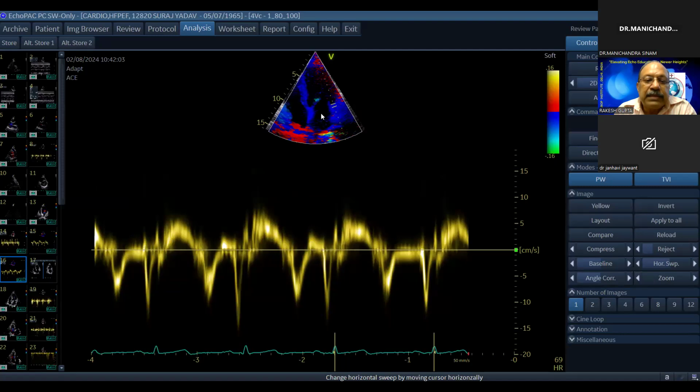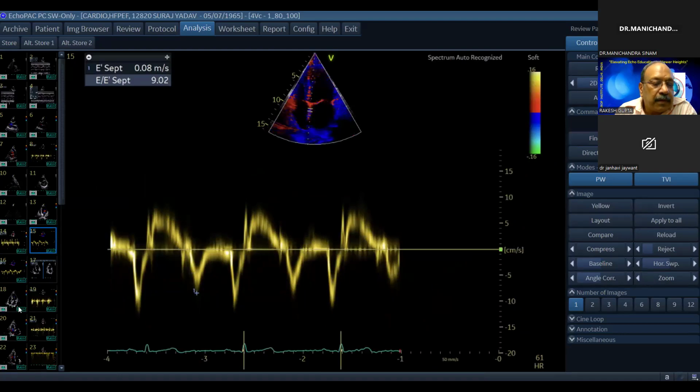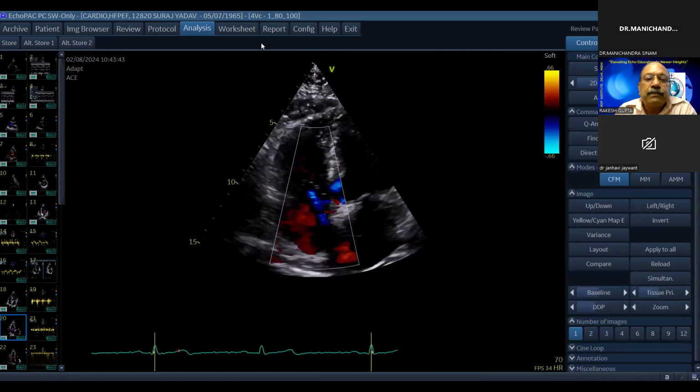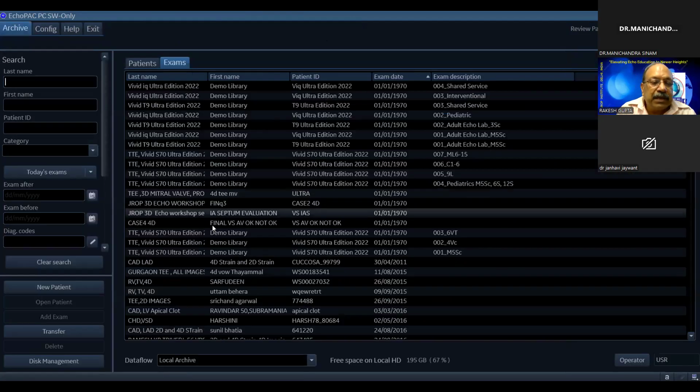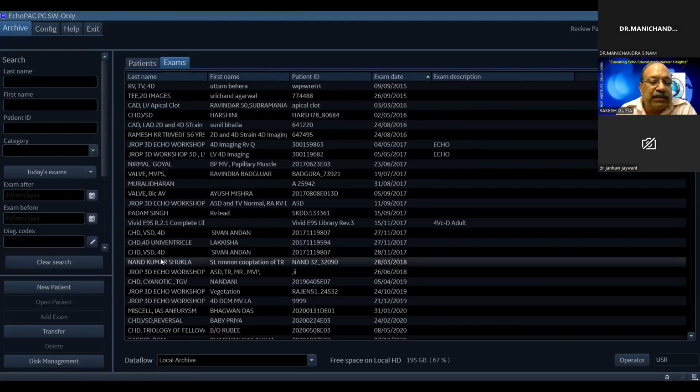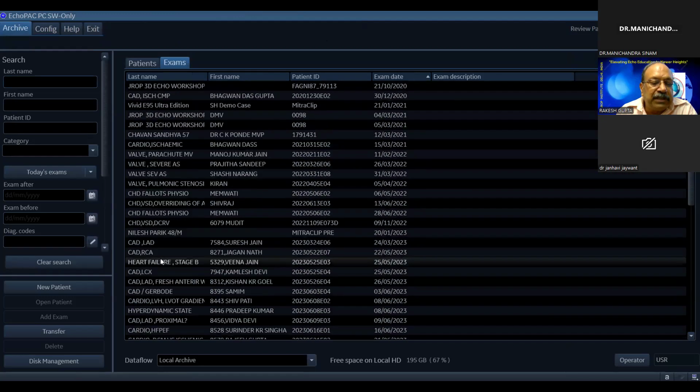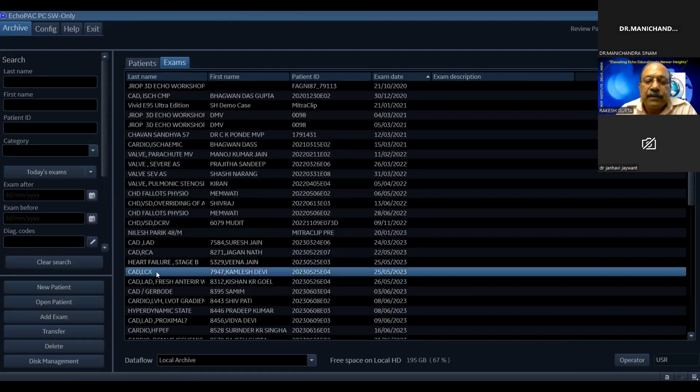Yes, sir. Second, this image is not correct when doing tissue Doppler imaging. Let me look at some other image. Remember that image in your mind. I'll tell you what the difference is. You tell me what is the difference between that image and this image.